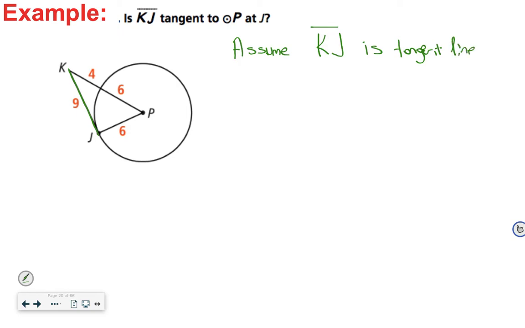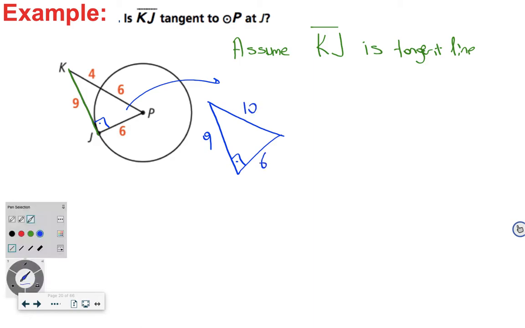We need to assume this. If it is a tangent line, we know that this is going to be 90 degrees. So let me take this triangle over here. This is a right triangle. The lengths of the sides are 9, this is 10, this is 6.